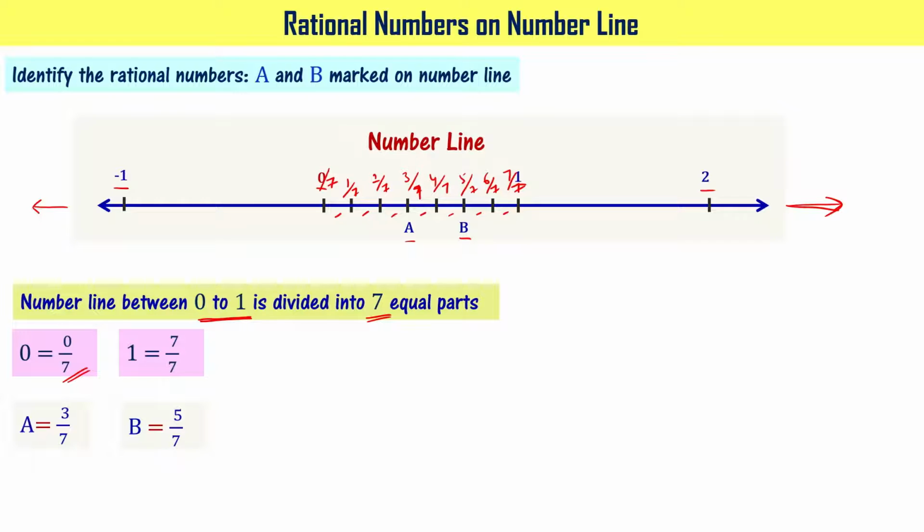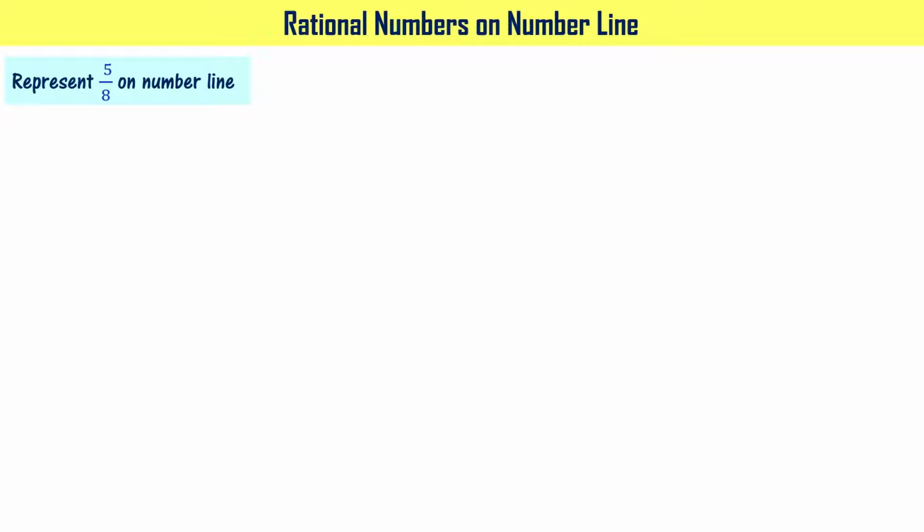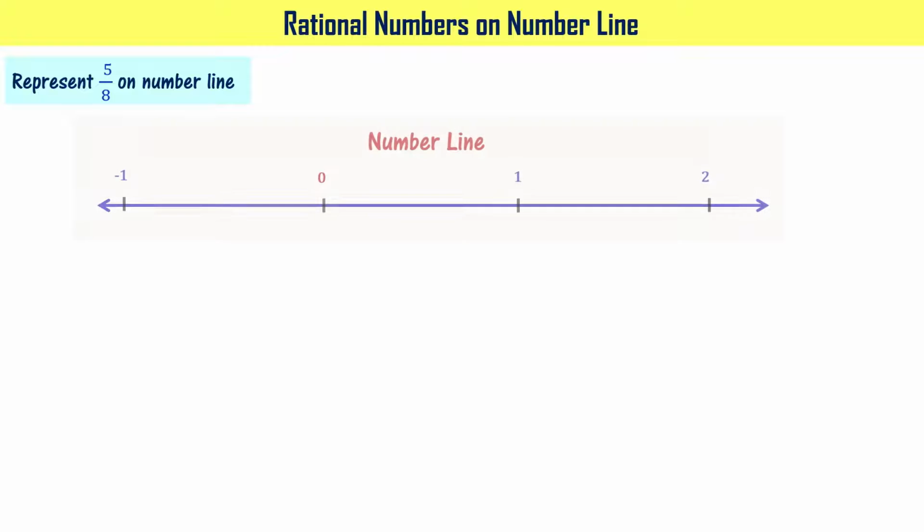Let's see another interesting problem. Represent 5 by 8 on the number line. Okay. So I have taken a number line ranging from -1 to 2, right? The reason for taking this particular range, we know that 5 by 8 is a positive number, right? It means it is going to be greater than 0.